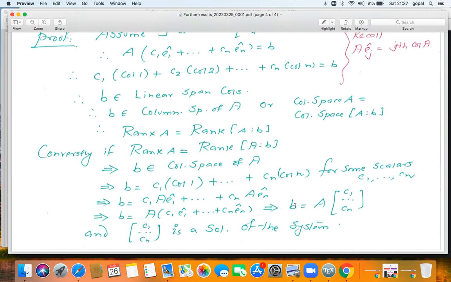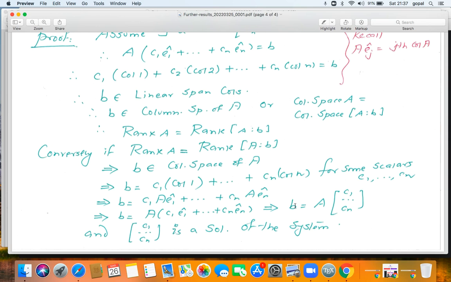The last column B, the augmented column, is a linear combination of the columns of the matrix A. In other words, B is C1 times column 1 plus C2 times column 2 plus ... plus Cn times column n for certain scalars C1, C2, ..., Cn. But column 1 is Ae1 cap, column 2 is Ae2 cap, column n is Aen cap.